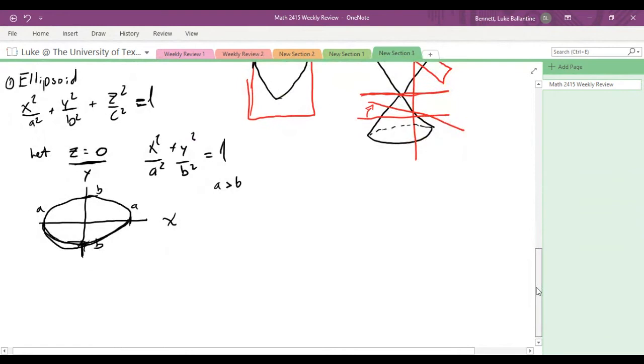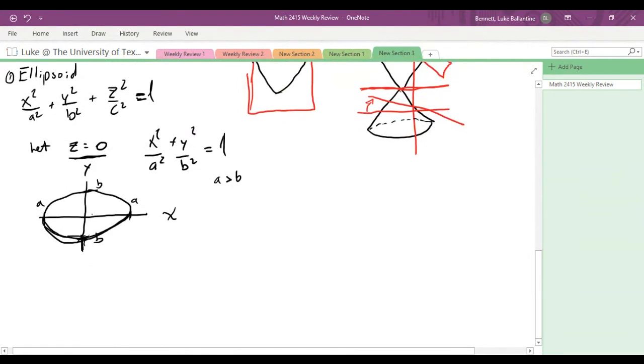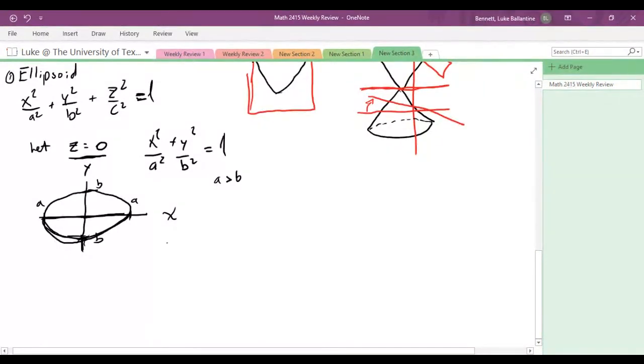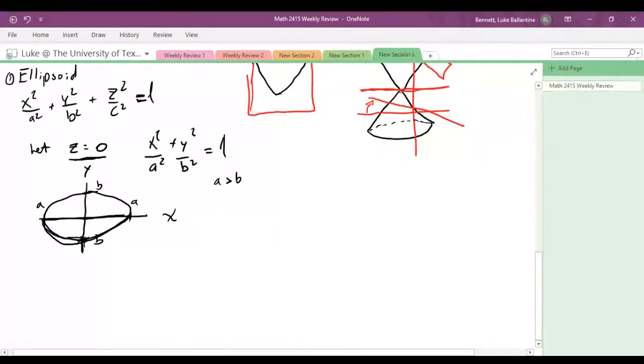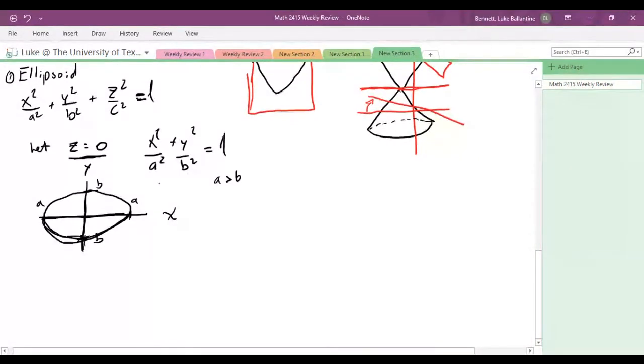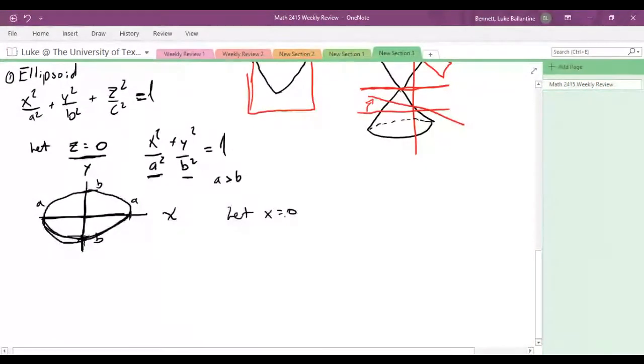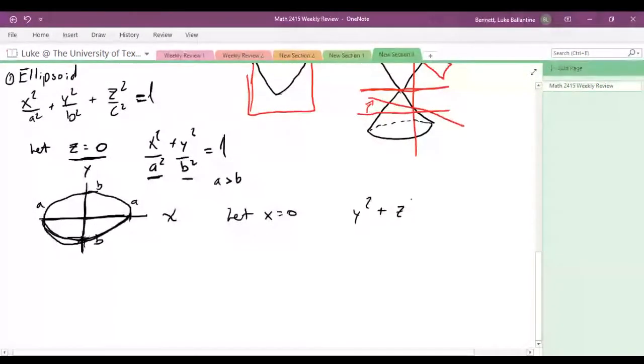So that's where conic sections are going to come in handy. To know the length of the major axis right here, the length of the major axis is 2a. The length of the minor axis is 2b, right? Because you just take the square root of whatever is on the bottom. And you could do a similar thing if we let x equal 0, then we would have y squared plus z squared.